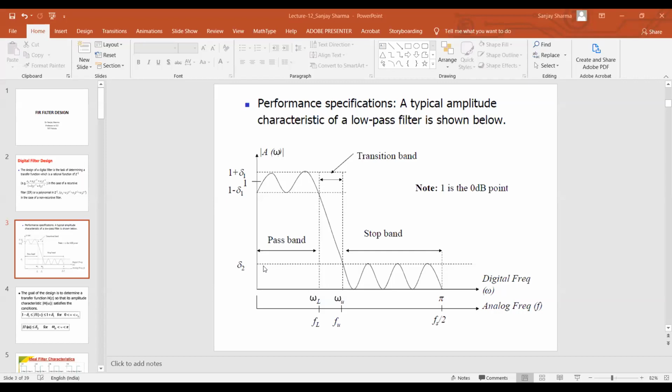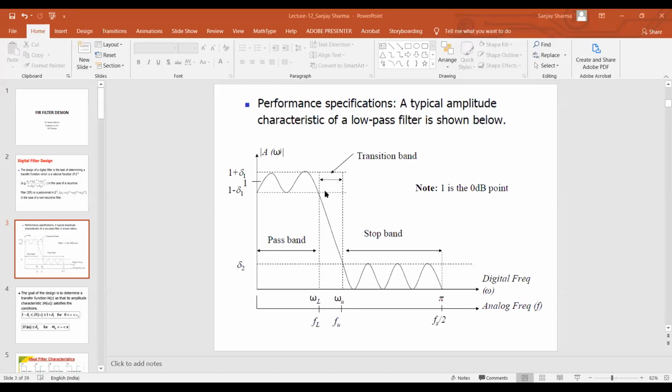Delta 2 is the stop band attenuation, beyond which we will say that this is the stop band. And the ripples present in the stop band we call stop band ripples. All right. Now, omega L is the frequency corresponding to 1 minus delta 1. Omega U corresponds to the stop band attenuation. These are the specifications you need to specify when you design a filter.